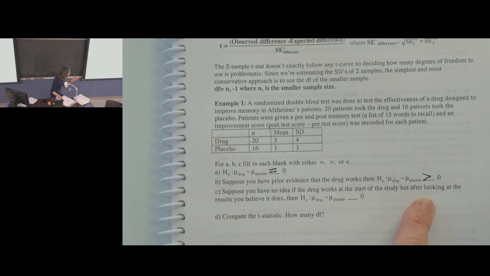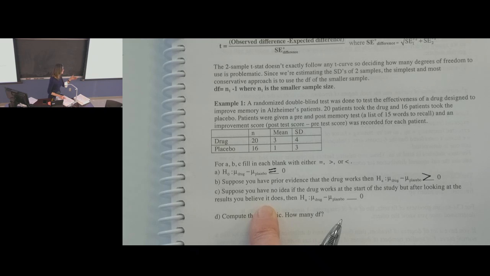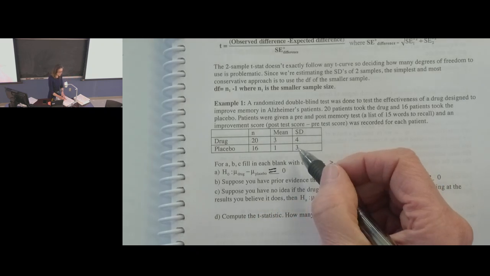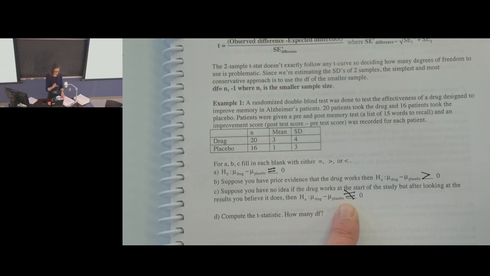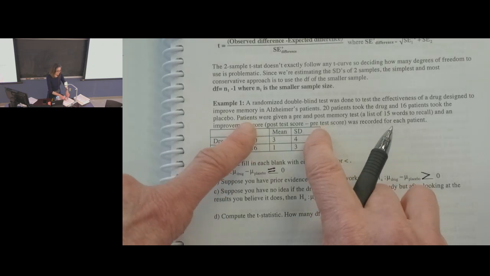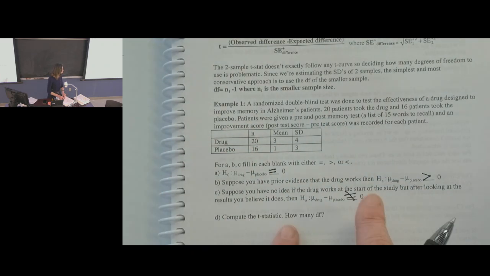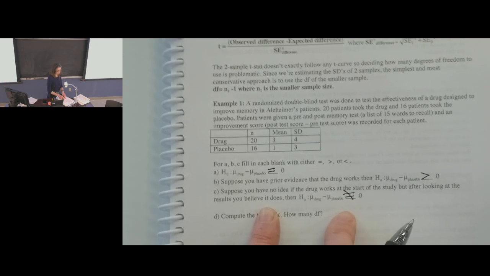But after looking, you cheat, you data snoop, and then you say, hey, we came out ahead. Now, you get the same exact data, but can you use this? No. You have to use not equal to because you cheated. You have to do it beforehand. You have to make your hypothesis ahead of time. And so that's why it should be not equal to, and this is the two-sided.